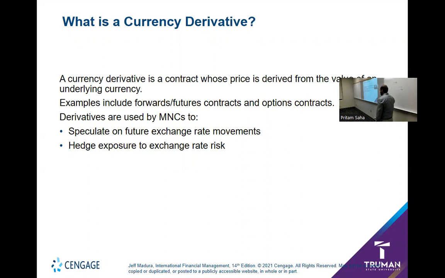So do you think there is a risk or no risk for Boeing Corporation? There's a risk, right? So to minimize that risk, they can go for a forward or future contract or maybe options. In short, they can go to the derivative market to minimize that risk in 6 months.